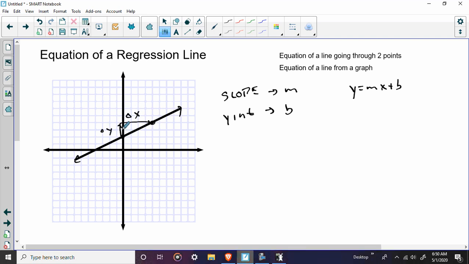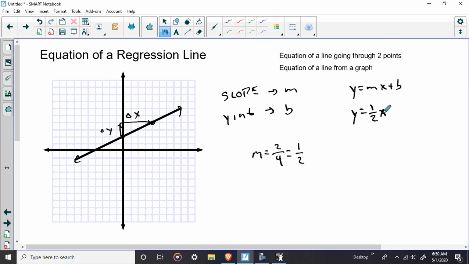So I went up 1, 2, and over 1, 2, 3, 4. So my slope, I went up 2 and over 4. Now again, what is that as a fraction? That is 1/2, right? So we've got our first spot right there, 1/2 x, right?